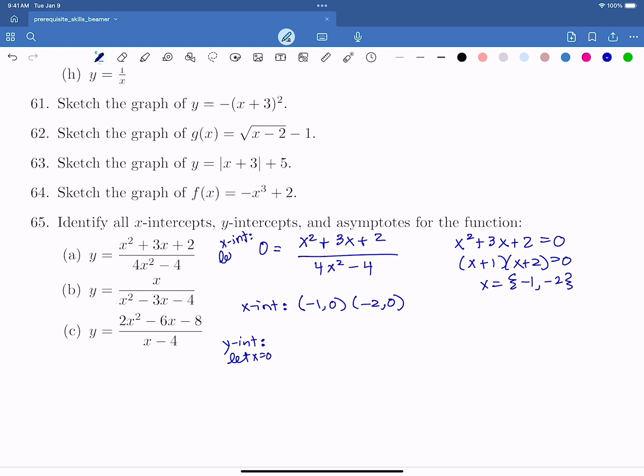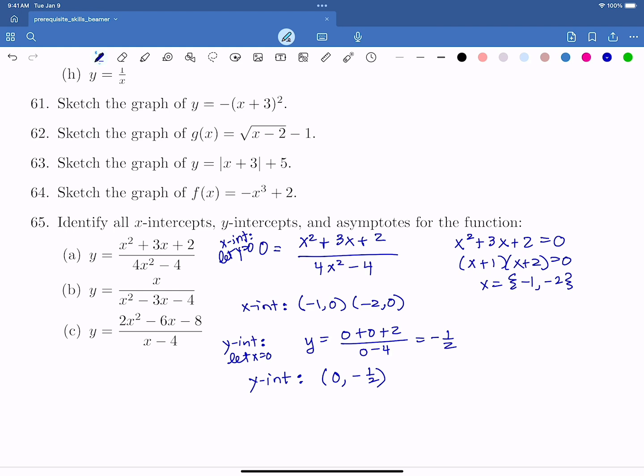So x-intercept, let y equal 0. Y-intercept, let x equal 0. That's easy. So y equals, x is 0, 0 plus 0 plus 2, over 0 minus 4. That's -1/2. So y-intercept is when x equals 0. Okay, there's my y-intercept.